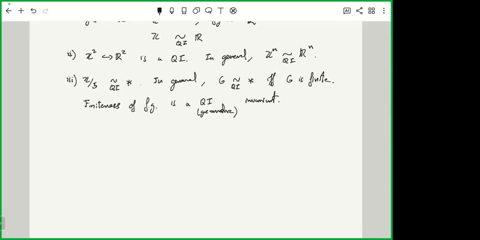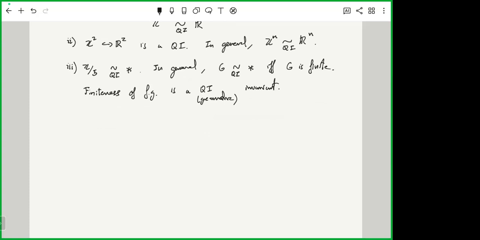Okay. We also had this other example, G = Z times some torsion group. And here you can check that if we send Z inside Z times the torsion group, this inclusion map is going to be a quasi-symmetry.